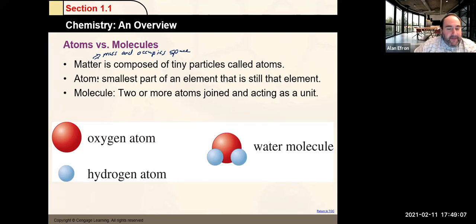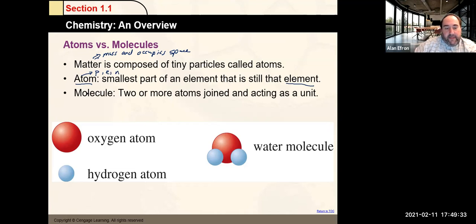But the basic unit of matter is really atoms. Atoms are the basic representation of all the elements that we see on the periodic table, as we'll talk about definitely in this chapter. And as you probably know, atoms basically have protons, electrons, and neutrons that make them up.